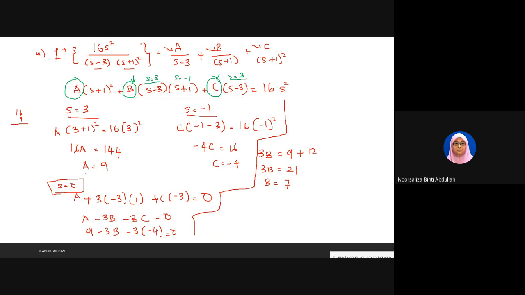So C 0. So here also 3 kuasa 2 darabkan dengan 16, then you get 144 here. Okay. This one 3 plus 1, so is 4. 4 kuasa 2, 16. So you have 16A. 16A equals 144, then A equals 9. Okay, yang ini faham tak?